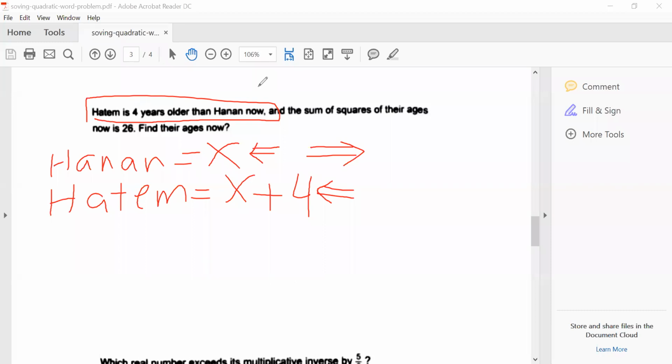Where are the participants to see them? Ahmed, Marwan. How are you, Ahmed? Fine, miss. Okay, what is the square of Hanan's age, Ahmed? Hanan is X. What is the square of X?